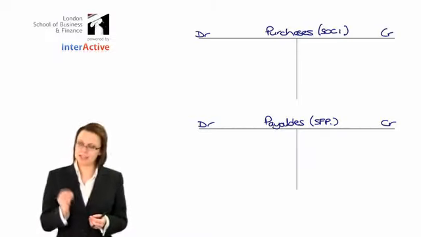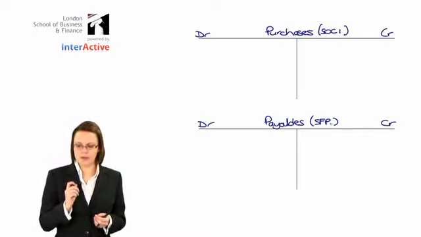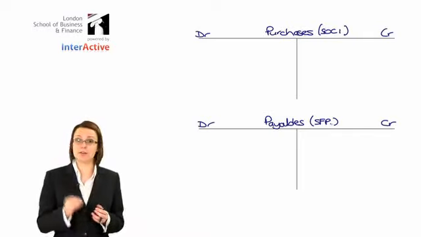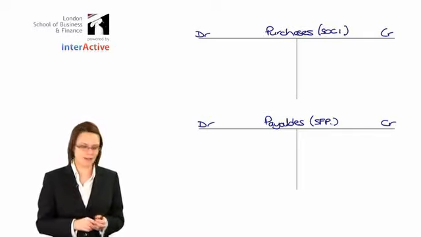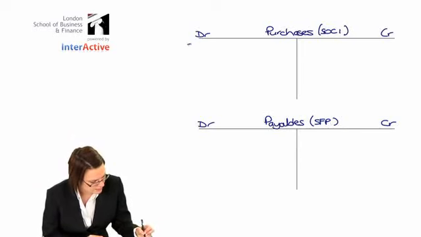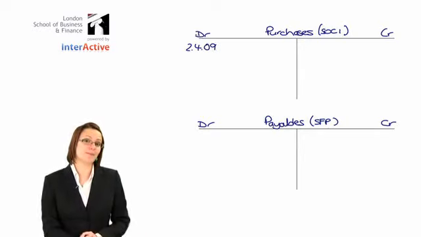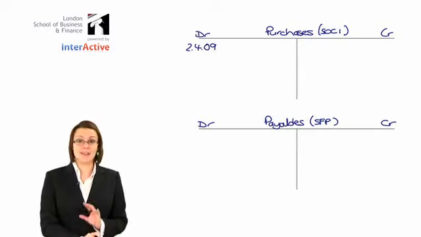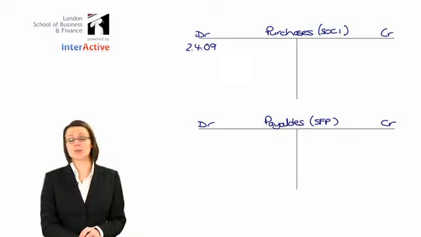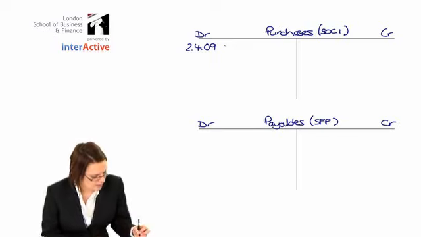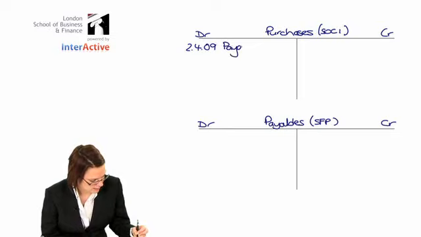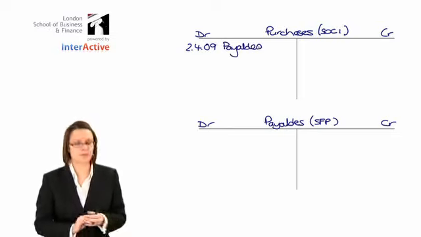We said it was on the 2nd of April, and we're going to debit purchases account with $5,000. So, the date, 2nd of the 4th, 2009. The narrative, we said that was going to be the name of the opposite account, which is payables.